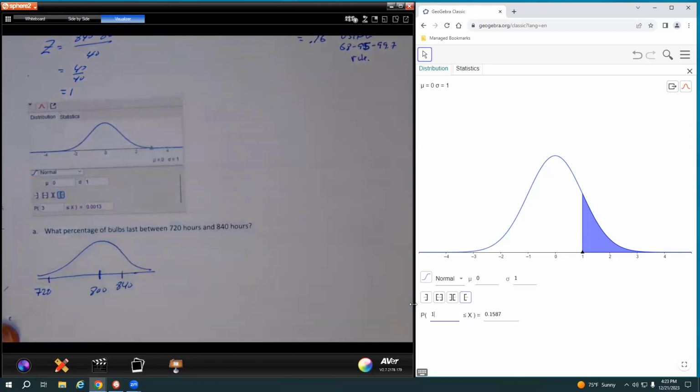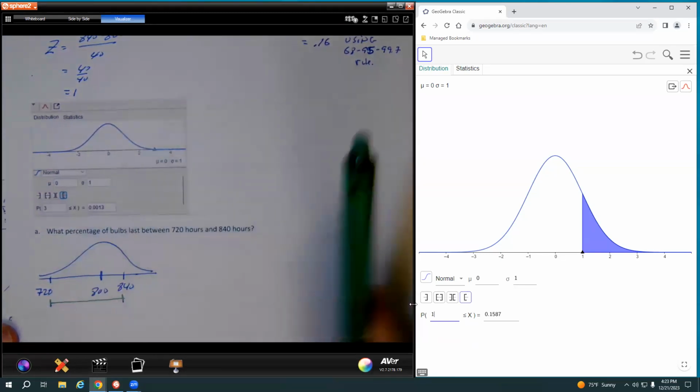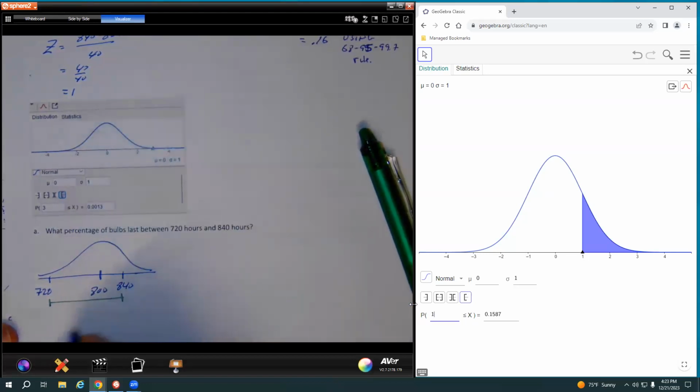So what we want is between these 2 numbers. So mark that's where I'm after. And I know that one's already a Z-score of 1, so I'm not going to calculate that one, but I'm going to calculate the 720 and figure out where I am.